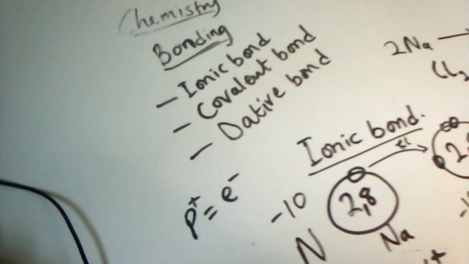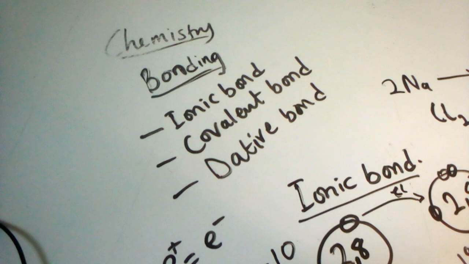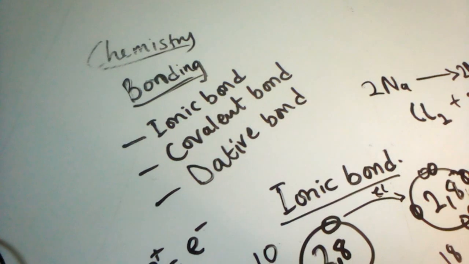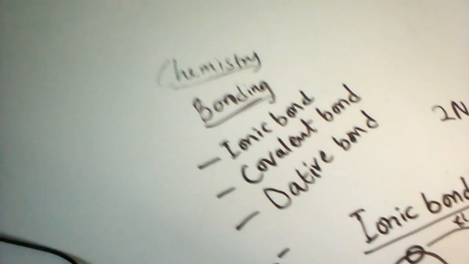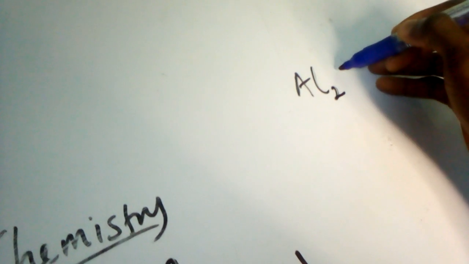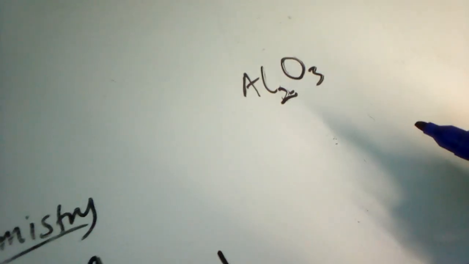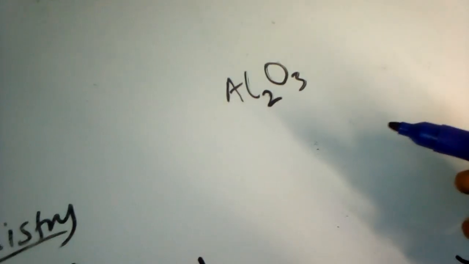So we would have to continue with covalent and dative bond in the next class. So we can have this type of bond in aluminium oxide also. We would be using some videos to explain how ionic bond exists in aluminium chloride when we get to class.